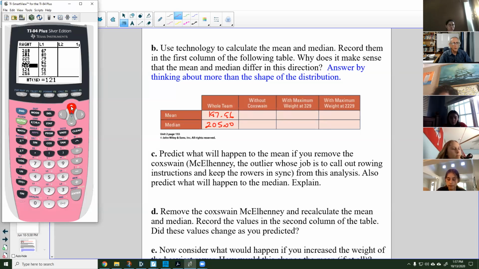So what I'm going to do is go back up here to rower's weight, all the way up to the top, and I'm going to delete this. Now, I'm just deleting it in the editor. I'm not changing any of the data. I'm just deleting this in the editor. And what I'm going to say is, okay, L1, I have some data in here, and I don't even remember what it's from, and it's certainly not the data that I want right now. So I want my rower's weight data.